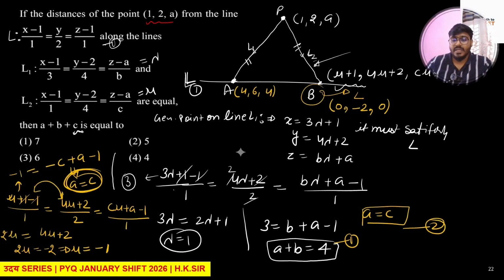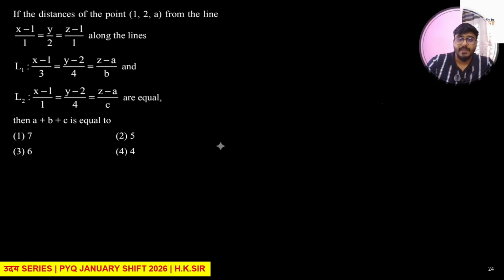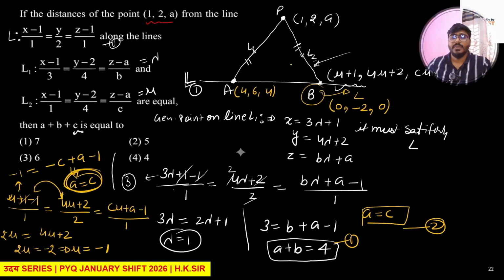Third term is (4 minus a) whole square, equals PB. What is PB? PB is this one, 1 minus 0, 2 minus -2. So 1 square, 4 square and a square.